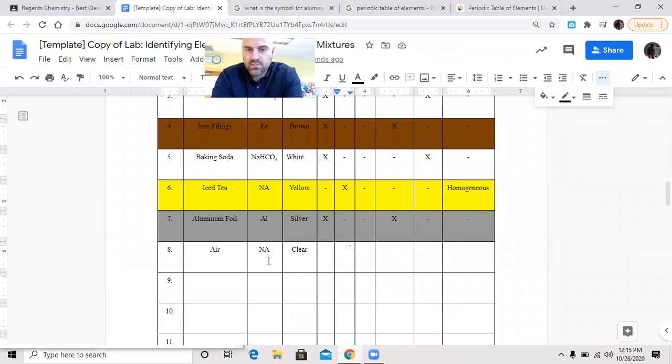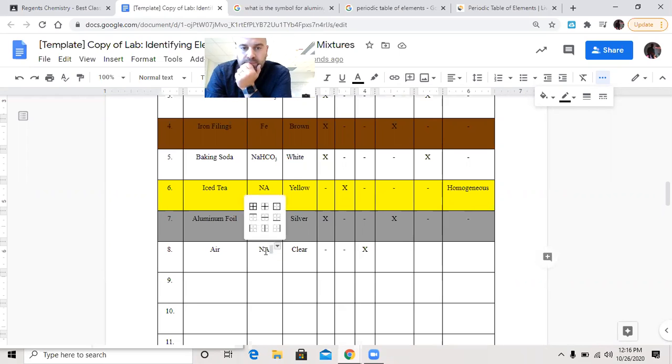Phase of air is going to be a gas. Element, compound, homogeneous or heterogeneous mixture for air. Everybody said compound so far. It says mixture.